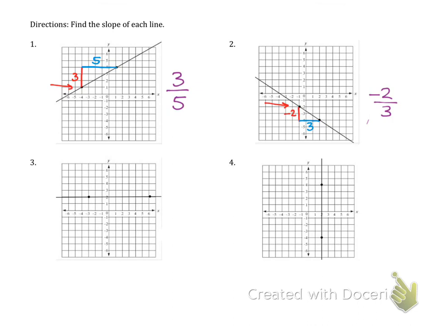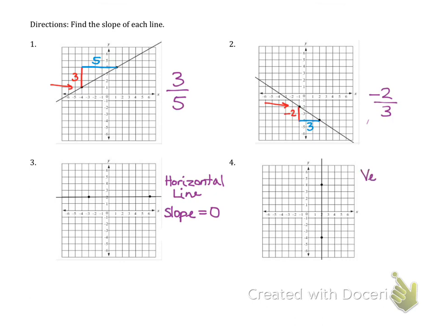Now, when we have a horizontal line, which is what we have for number 3, the slope for this will always be 0. Any horizontal line you will see, it will always be 0. Now let's look at this vertical line right here.